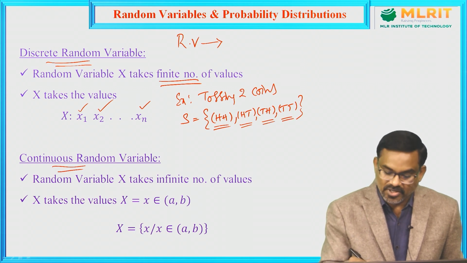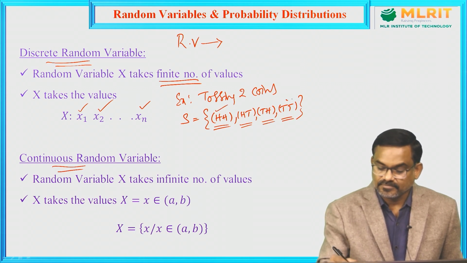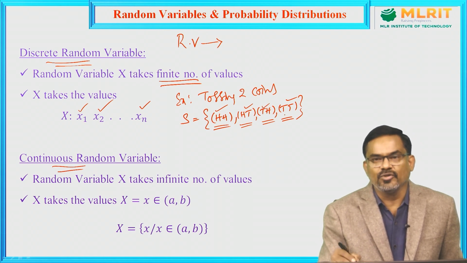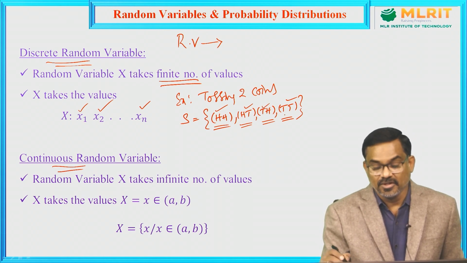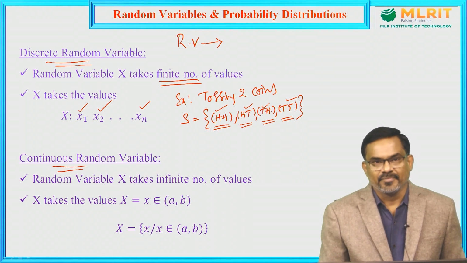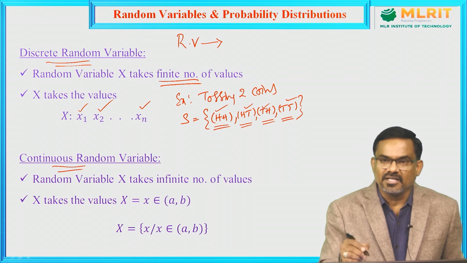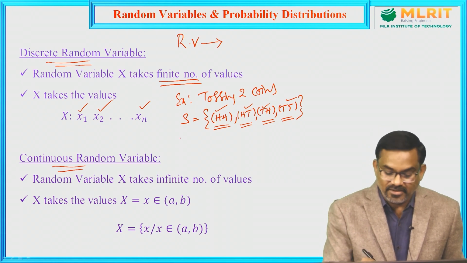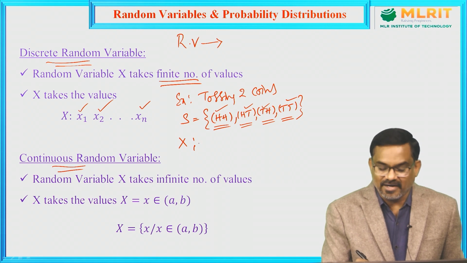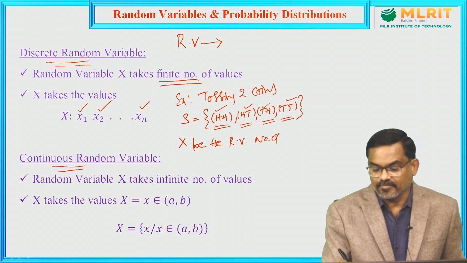That means both are heads, both are tails, one head one tail, one tail one head, which are non-numeric. These are not numerical values. So, we assign a real number to these outcomes. Before assigning the real number, first we need to define what exactly X denotes. So, let X be the random variable that denotes the number of heads.